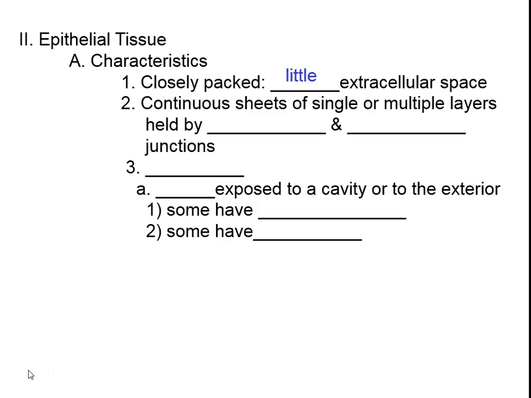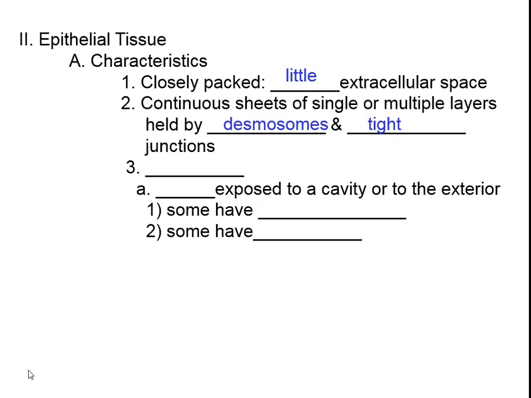So they're closely packed, very little extracellular space. Since they're closely packed, they adhere to each other. They have tight junctions and desmosomes, and sometimes when you try to lift one epithelial cell off, you'll get a whole sheet because they are held together by those tight junctions and those desmosomes.